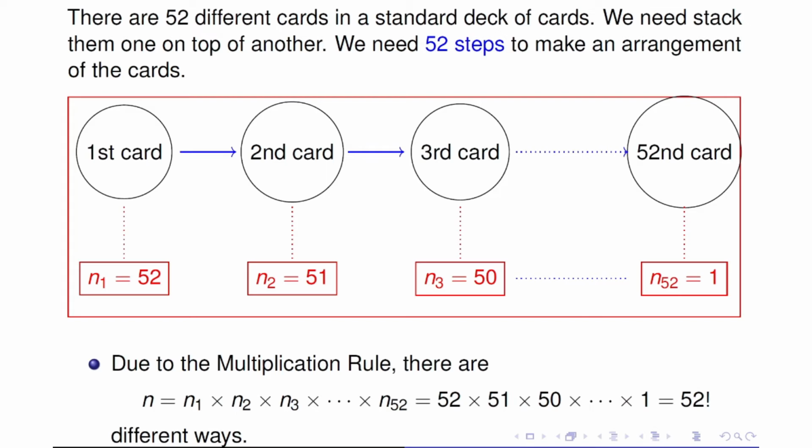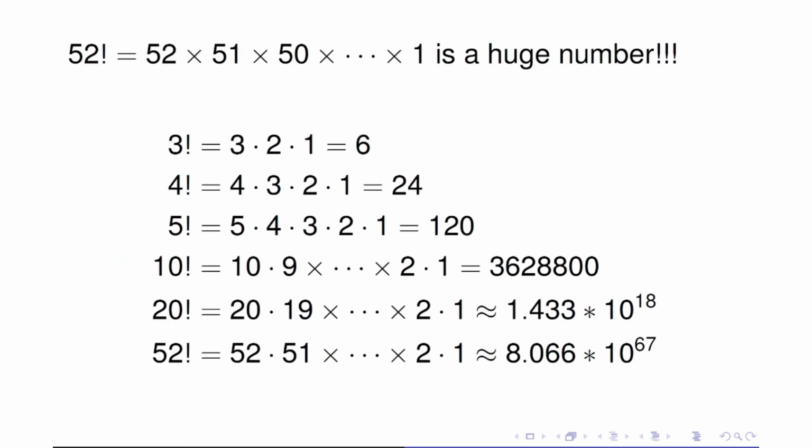Now, let's get a sense of how large this number is. 52 factorial is a really, really huge number. Let's give some examples. 3 factorial is 3 times 2 times 1, which is 6. 4 factorial, 4 times 3 times 2 times 1, is 24. 5 factorial is 120.